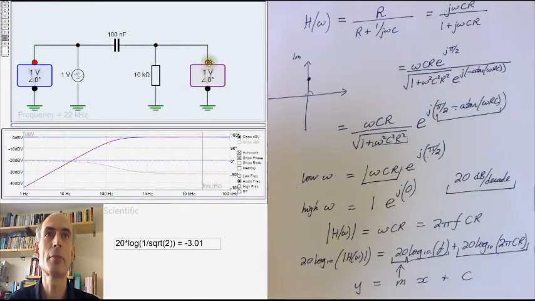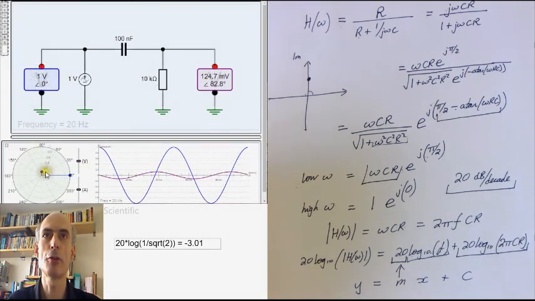You can see that at very high frequencies, when we're up here, the output is approximately equal to 1 volt, the same as the input, and the phase of the output is the same as the phase of the input, both 0 degrees. But as I go down to lower frequencies, the phase of the output is approximately 90 degrees ahead of the phase of the input, although the amplitude has dropped considerably.